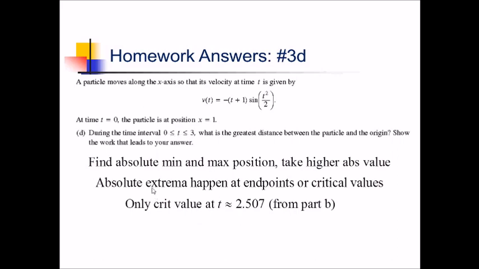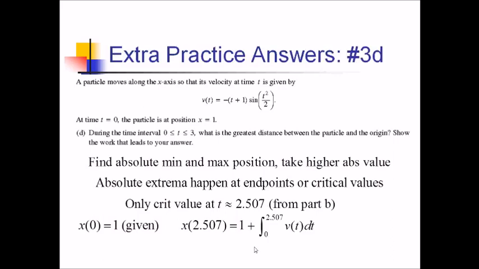Well, at 0, we already know the value. They said the particle's at position x equals 1, so that one was easy. At 2.507, we need to do that initial value of 1 plus the integral from 0 to 2.507 of v of t, and I need that on the calculator now.